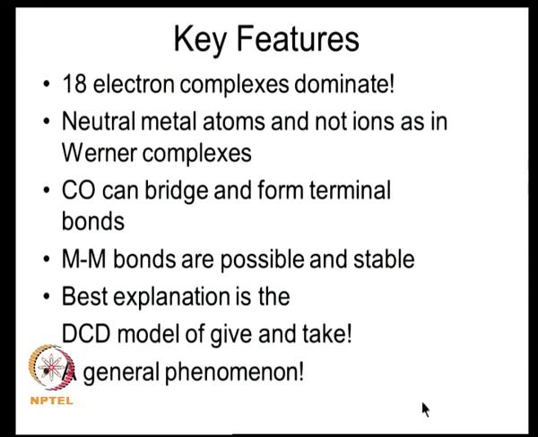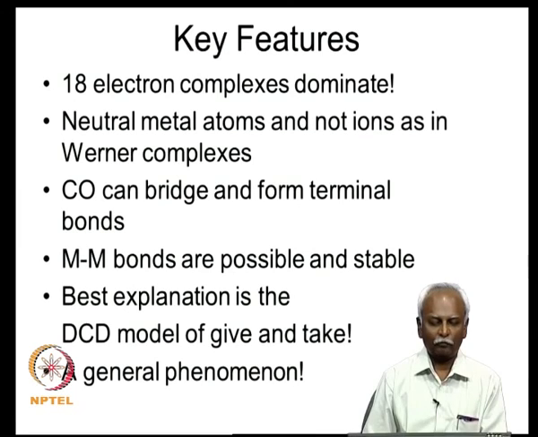You also encountered the fact that neutral metal atoms, and not ions as in Werner complexes, are encountered. In Werner complexes, mostly they are charged systems, and thirdly, carbon monoxide can form both terminal and bridging carbon monoxide units. And also we encountered several systems where there are metal-metal bonds even when there are no bridging ligands.